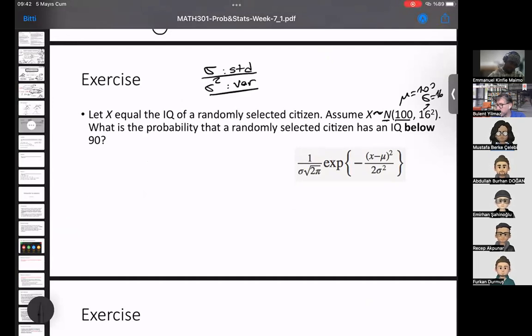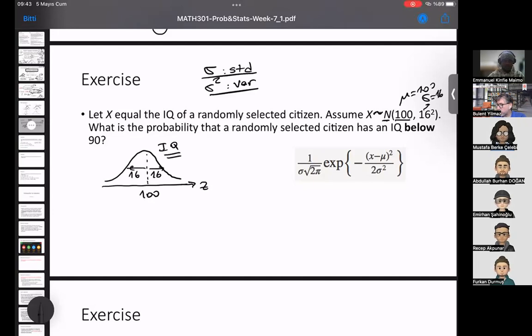So my distribution is something like this: a normal distribution with mean 100 and standard deviation 16. This is IQ.